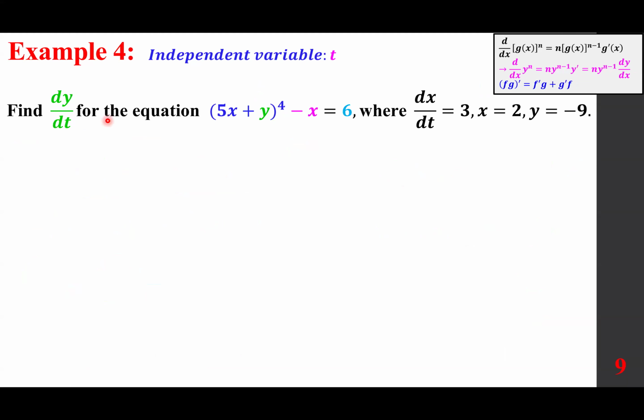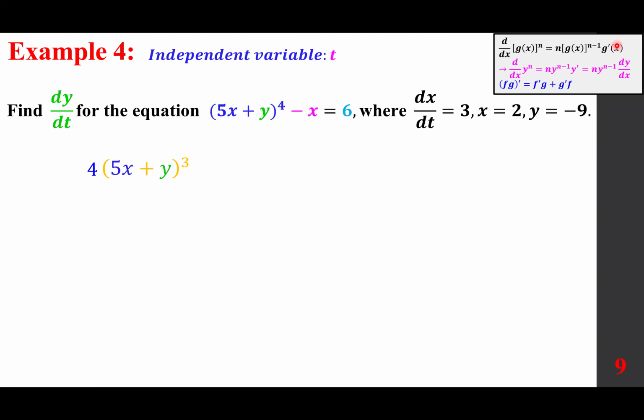Find dy/dt, again, t is the independent variable, for the equation (5x plus y) to the power 4 minus x equals 6, where dx/dt is 3, x is 2, y is negative 9. All right, we are going to differentiate, and looking at this, we are going to go with the extended power rule. 4 times the same thing to the power of 3, so (5x plus y) to the power of 3.